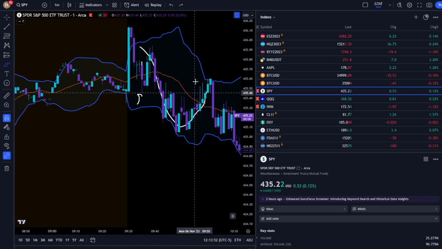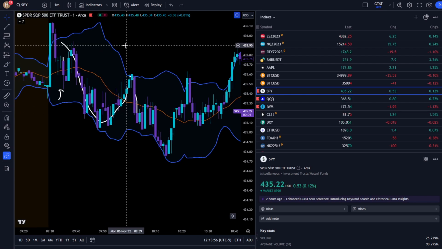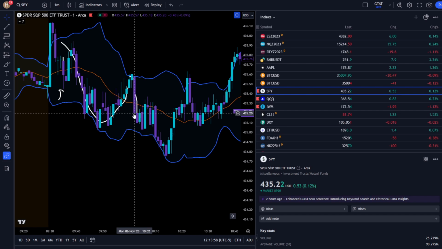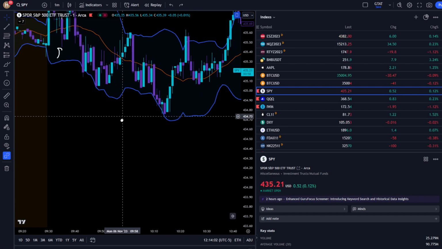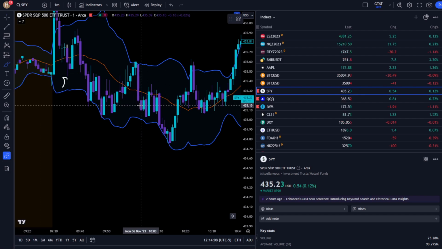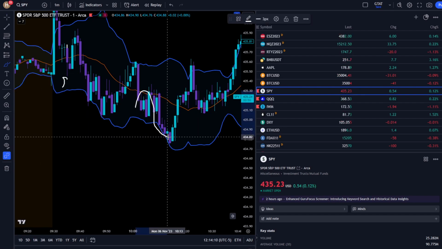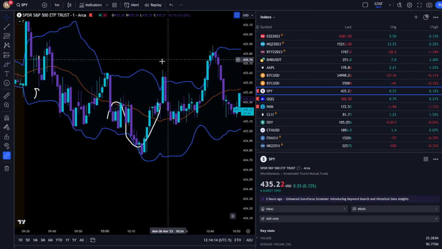What ended up happening was we just had a monstrous move to the downside. After a monstrous move to the downside, it's tough to go short again. So that's why we were just waiting for a better setup. We ended up waiting and waiting for basically just a better setup to be taken.